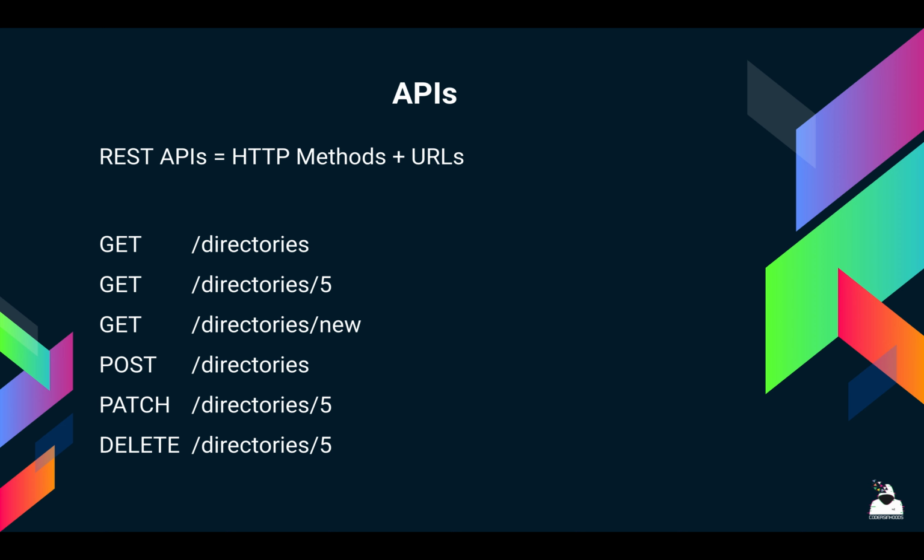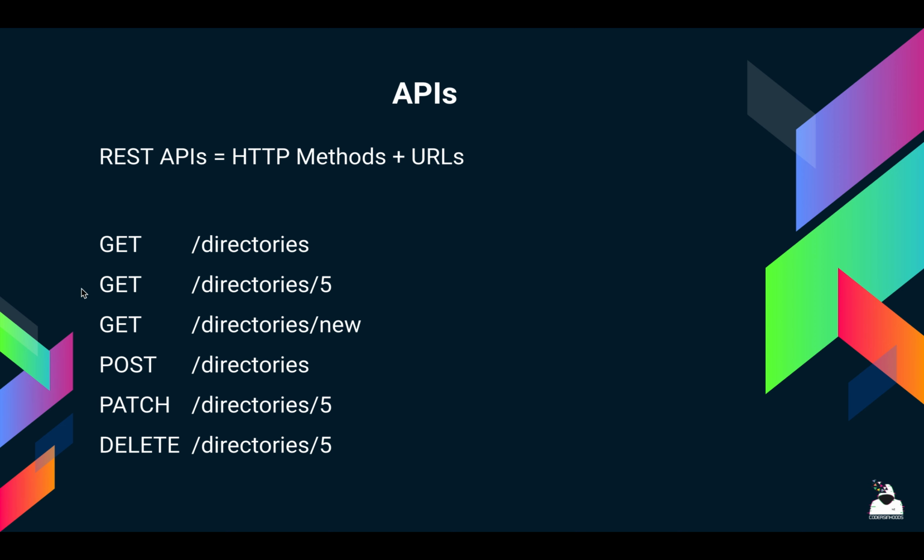And when we do this, we're sending a new directory to our server. We're not sending it to an ID in particular. We're just sending it to the root of all of the directories, because we don't know anything about the directory yet. We don't know anything about the data. Maybe the server will reject our data. And so therefore we post it to just the root directories.